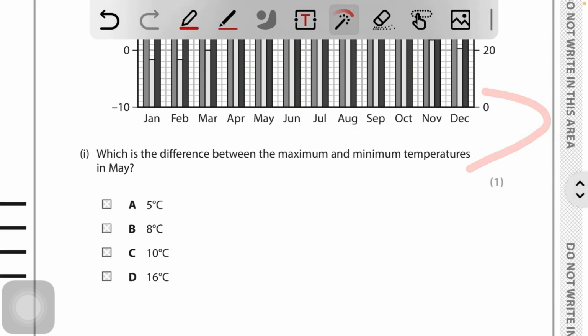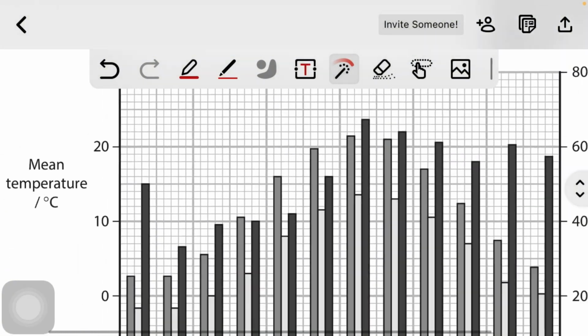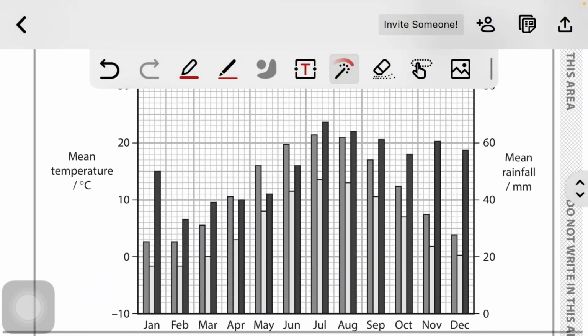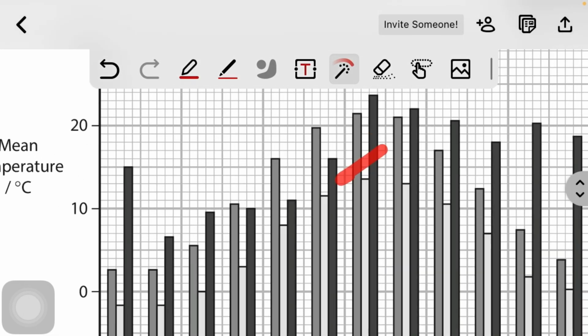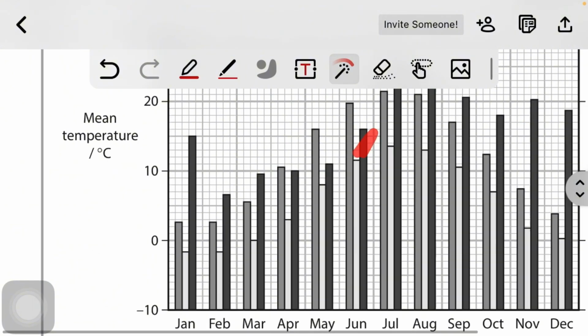Which is the difference between the maximum and minimum temperature in May? So this is May. The gray one is maximum temperature and the white one is minimum temperature.